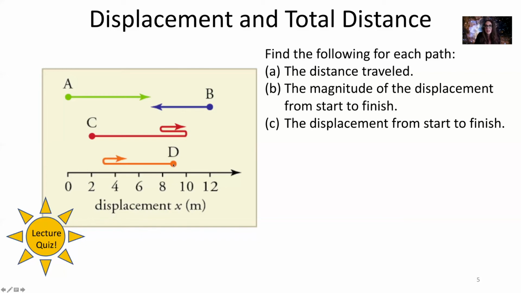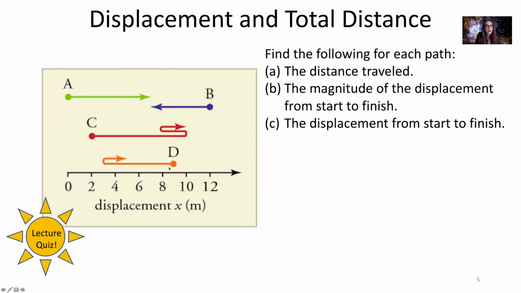So for example D, I start at 9 meters away from the origin. Then I move toward the origin to 3 meters away. And then I change my direction and I move back to 5 meters away from the origin. Okay, so what was my total distance traveled during this path?